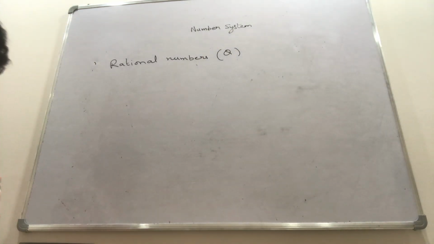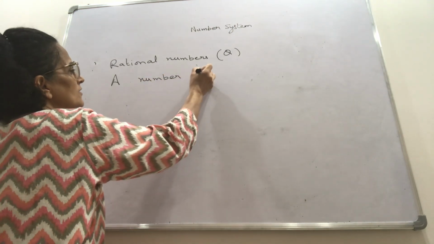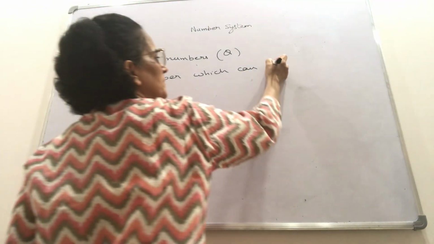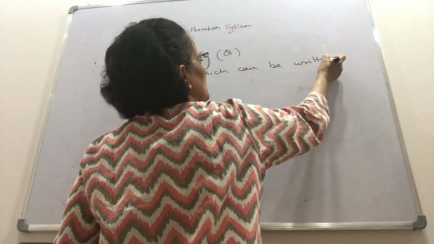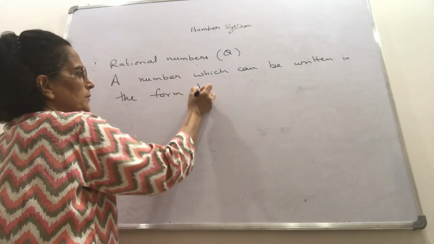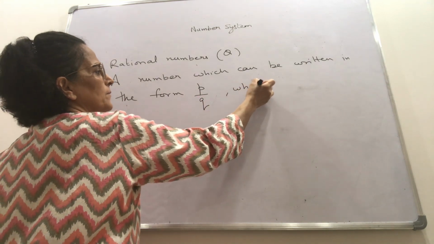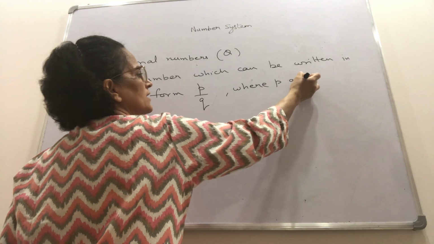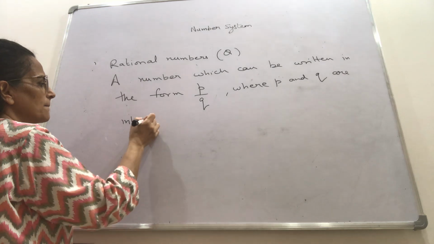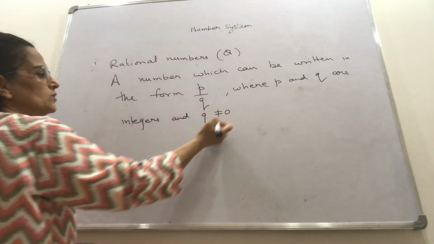What is the definition? A number which can be written in the form P by Q, where P and Q are integers and Q is not equal to 0.